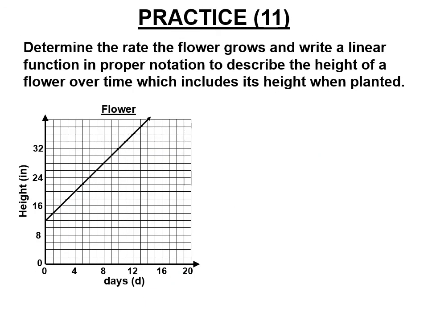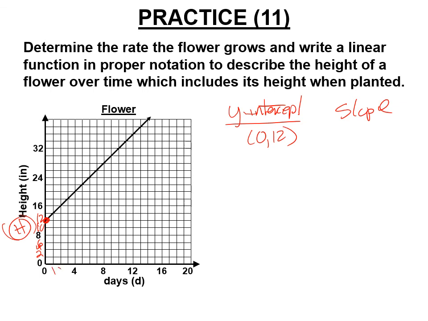All right, we have a flower growing. Use H for height, D for days. Okay. So our y-intercept is what? Ooh, each one of these is worth 2. Is that right? Yeah, so each one is worth 2. Be careful of that. So the y-intercept is (0, 12). The slope, yep, each one is worth 1 along here as usual.